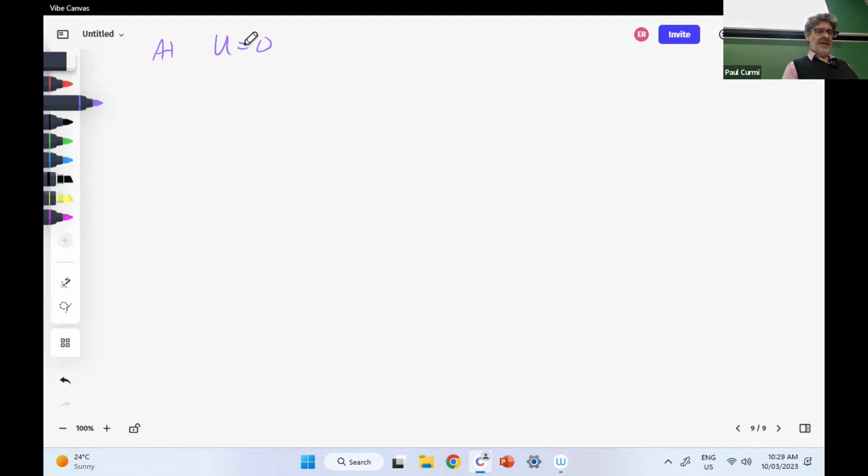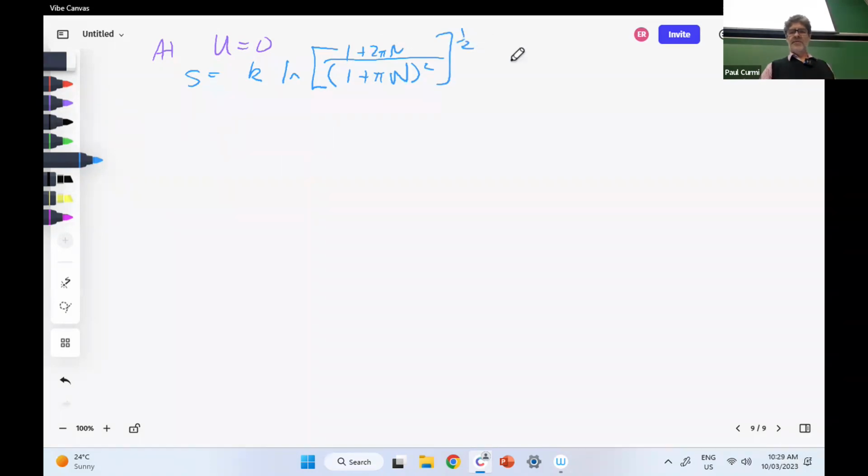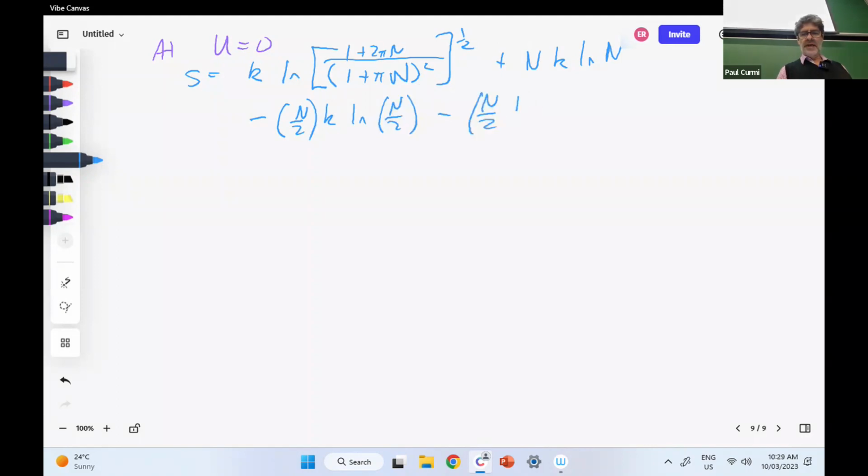I have S equal to k ln of that first term, 1 plus 2 pi N over 1 plus pi N squared, all that to a half. I've still got the Nk ln N term, but now I have minus N/2 k ln N/2 minus N/2 k ln N/2.